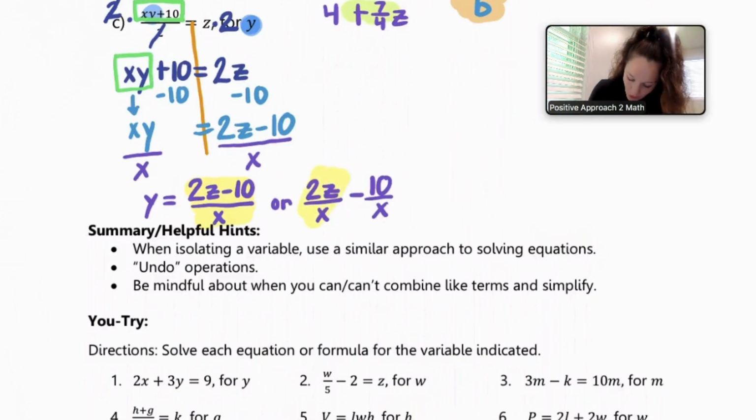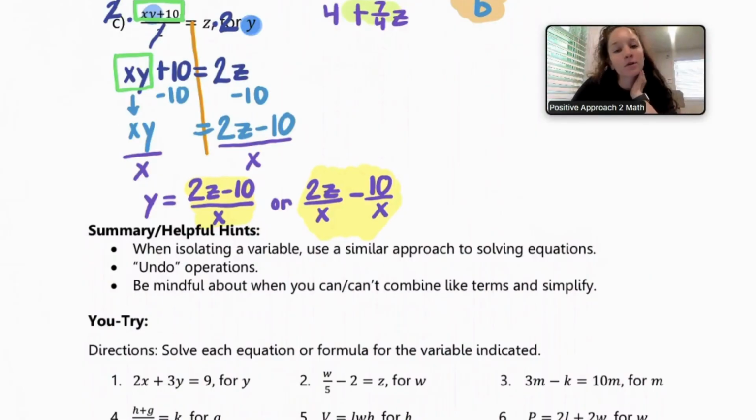However, this would also be an acceptable answer, but I would be sure to recognize and understand, in case you were in a multiple choice scenario, that those two are equivalent expressions. It would not be wrong if you had negative 10 plus 2z. It would be wrong if you had 10 minus 2z. So you have to watch your signs. That negative has to be with that 10, and the 2z is positive.